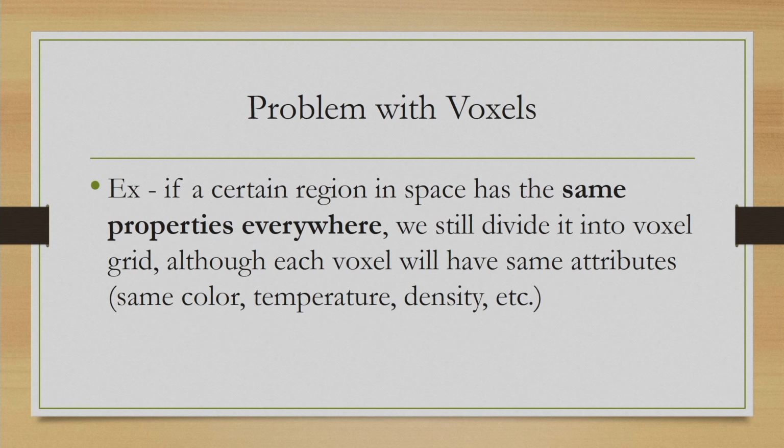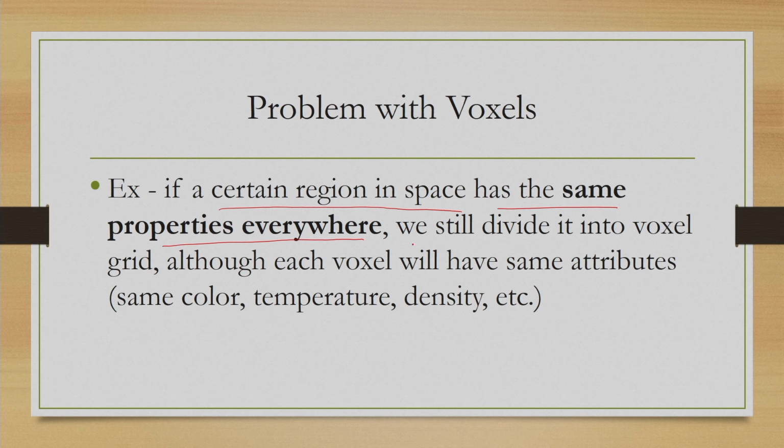So, what we want is, if a certain region in space has the same properties everywhere, then ideally we should not divide it further, because even if we divide, we will get the same property.